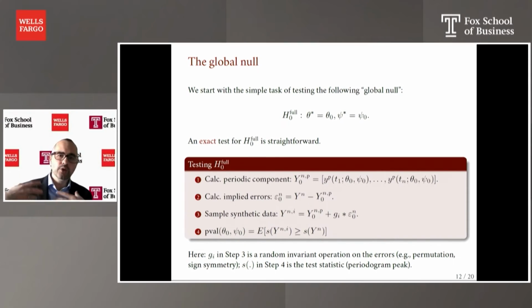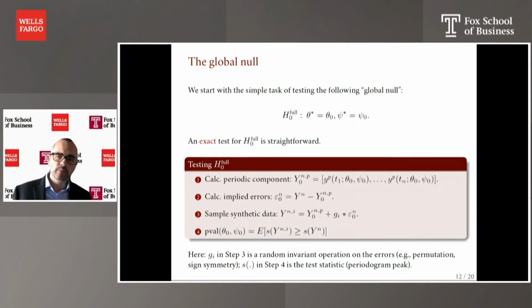So immediately you can impute the periodic component of that regression. Then when you have that component, you can subtract it from the actual data, and you can get the imputed errors. Now you know the errors exactly. And then what can you do? The moment you know the errors, you can make an assumption of some symmetry on those errors.